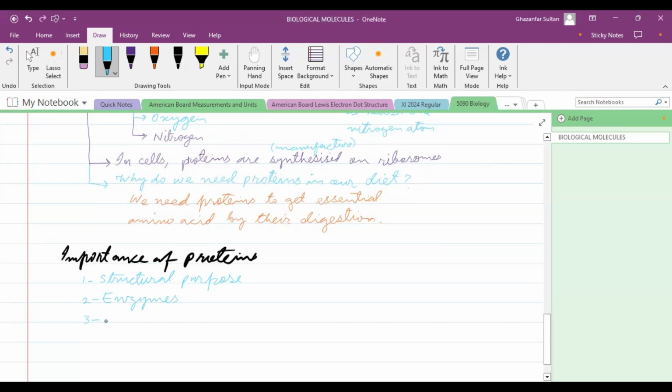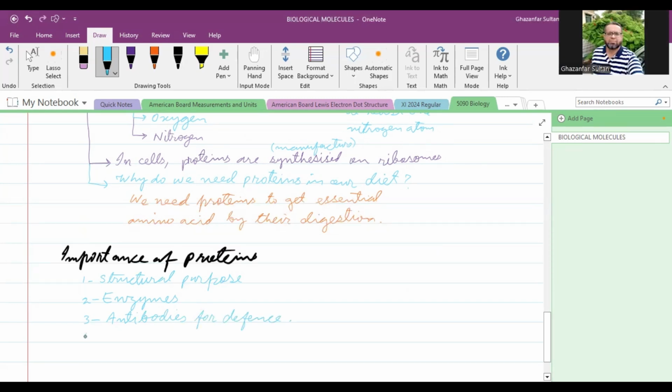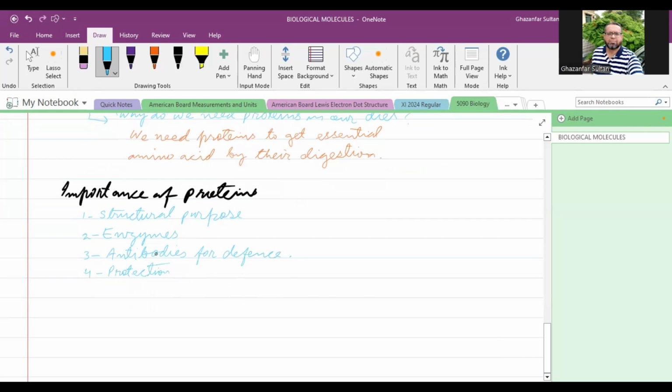They develop antibodies for defense and protection. Actually, protection and defense are two different things that we will study later on in detail about the antibodies in the chapter of immunity.